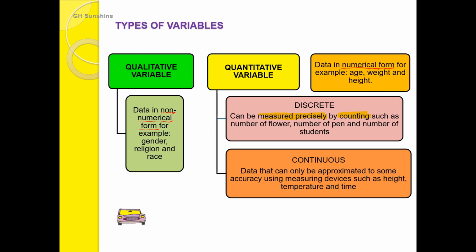So this one, we will use a measuring device. For example, height, temperature, and time. For sure, when we want to obtain the data for height, temperature, and time, we will use a measuring device. So that one is continuous quantitative variable.